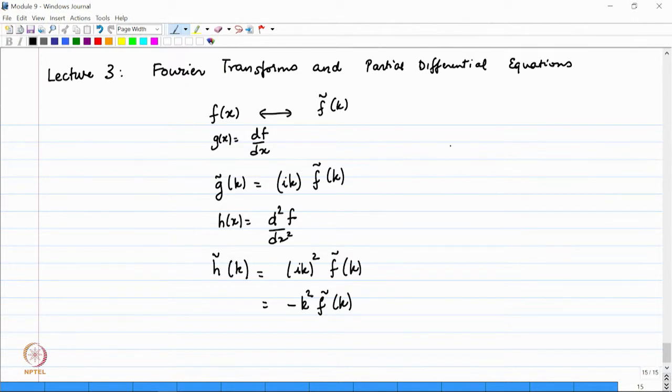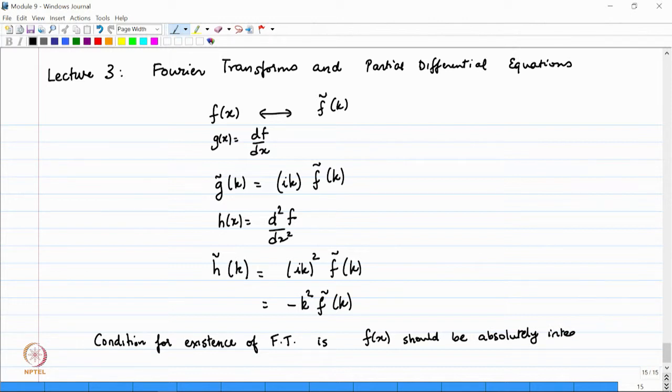Now one of the things about Fourier transforms is that your function should be absolutely integrable. So the condition for existence of the Fourier transform is that f of x should be absolutely integrable. In other words, the integral of the absolute value of f of x dx from minus infinity to plus infinity should be less than infinity.